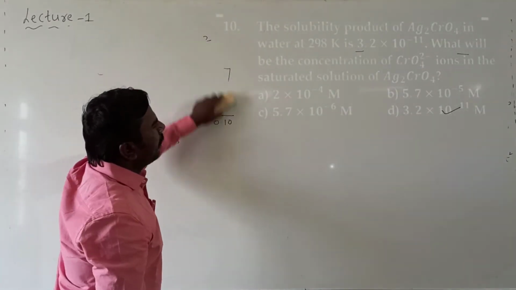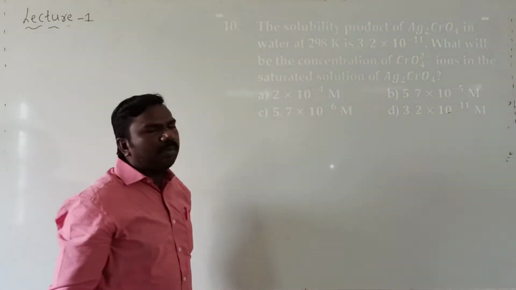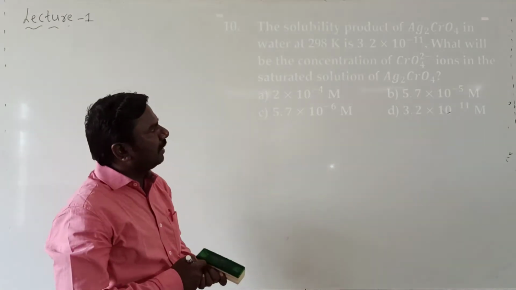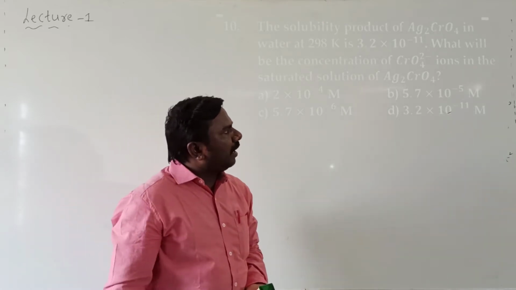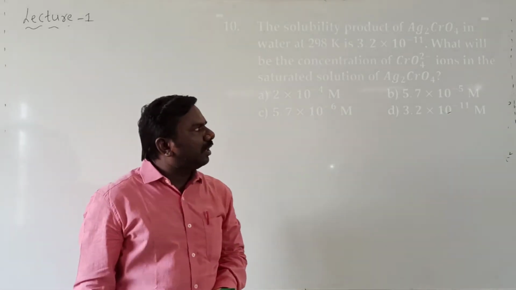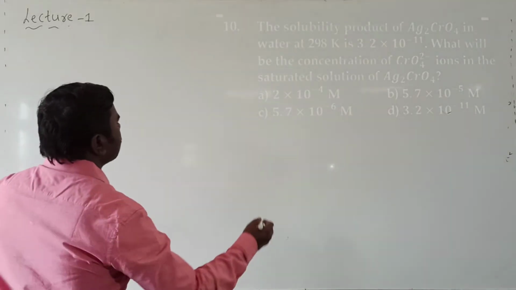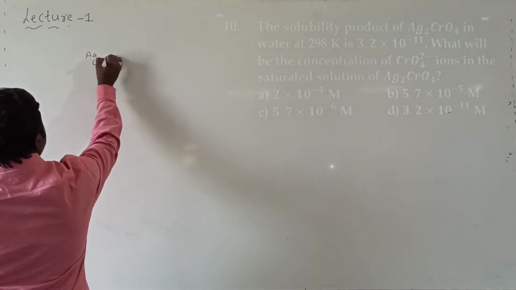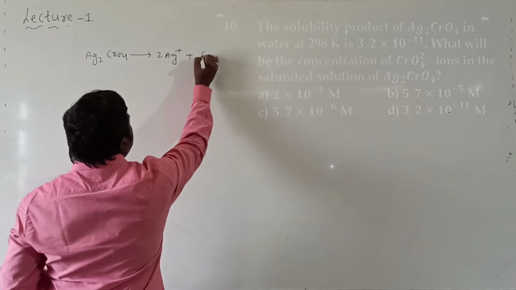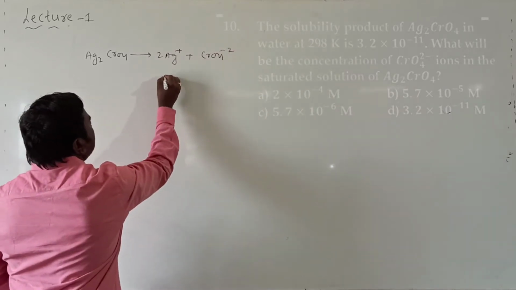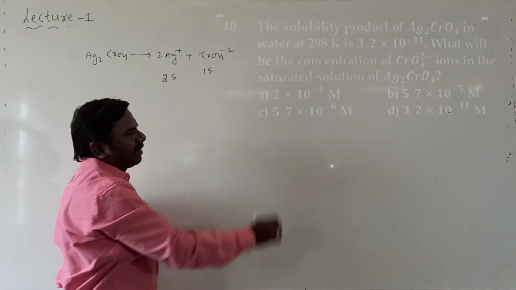The solubility product of Ag2CrO4 in water is 3.2 into 10 to the power of minus 11. What will be the concentration of chromate ion in the saturated solution of Ag2CrO4? So here we need to calculate the concentration. Ag2CrO4 decomposes into 2Ag+ plus CrO4 2-. The solubility of Ag will be 2s because there are 2 moles, and for chromate it is only 1 mole, 1s.